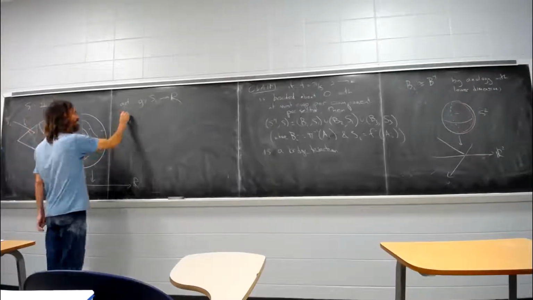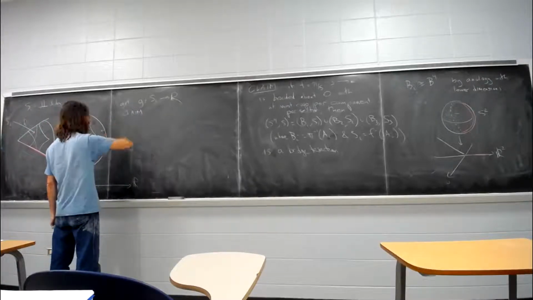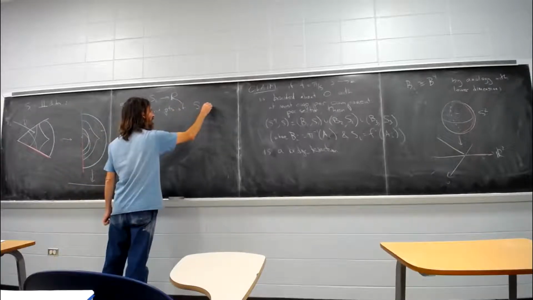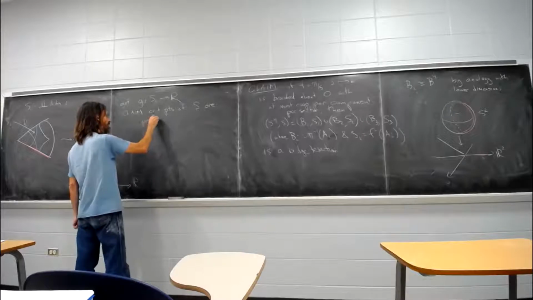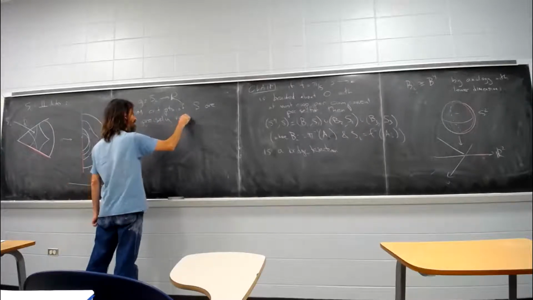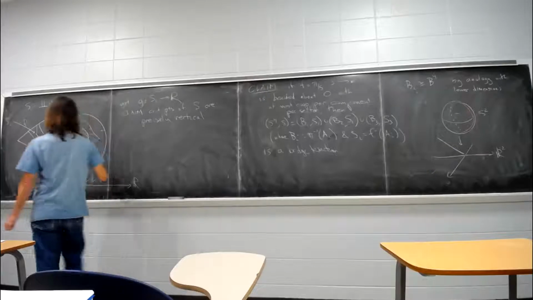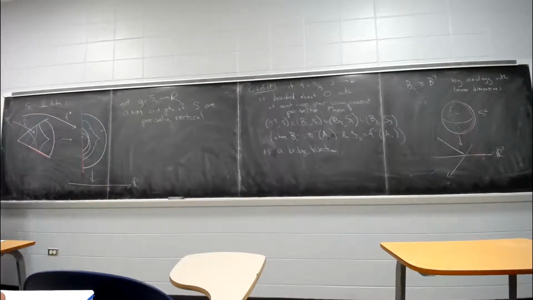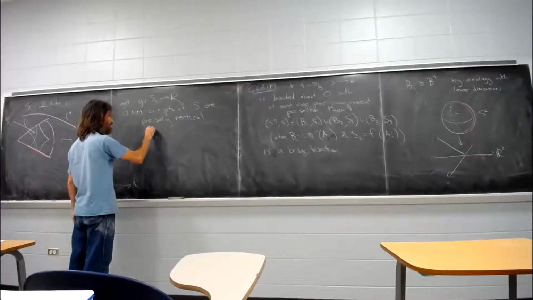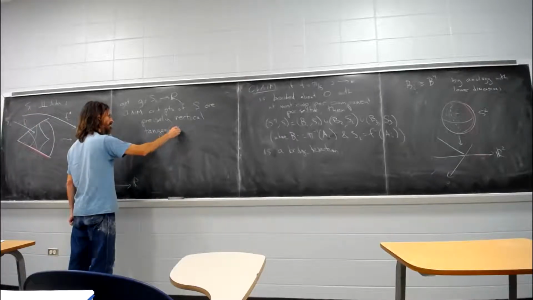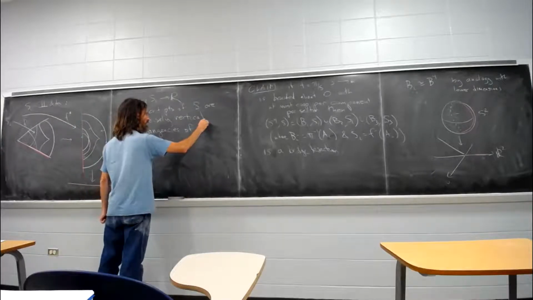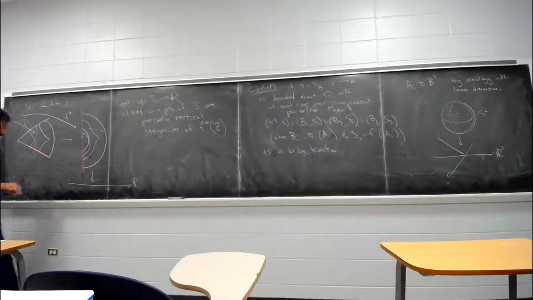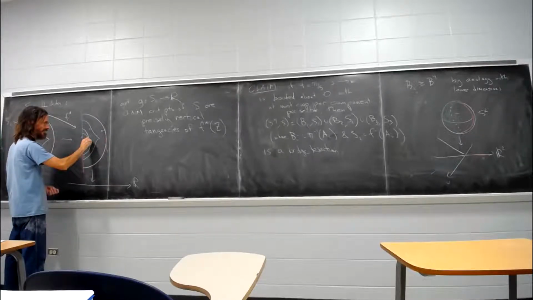And the claim is that the critical points of this are precisely the vertical tangencies. Let's call this map F star, the reparameterization. They precisely occur here, here, and here.